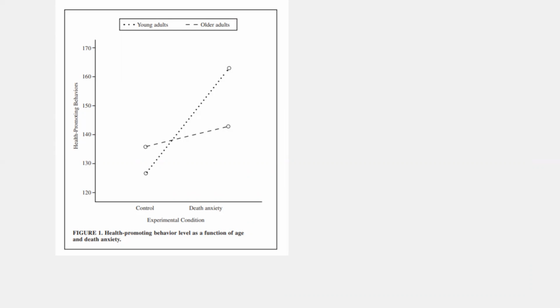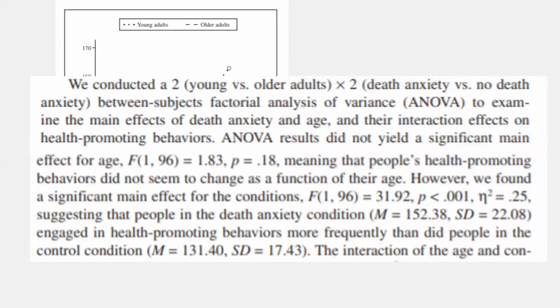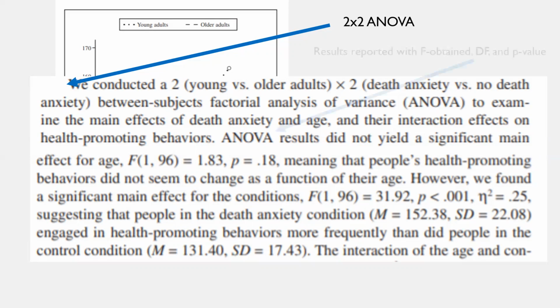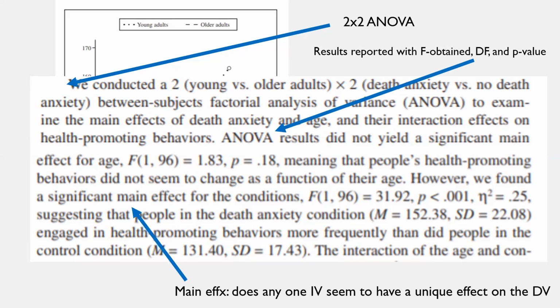As long as the information is presented correctly and clearly, your choice of what kind of a figure or a table is all going to be fine. Then in terms of writing up the analyses themselves, you do want to set the reader up for what kind of an ANOVA it was, so a 2x2 listing the levels of your IVs. And you're going to want to describe main effects and interactions.